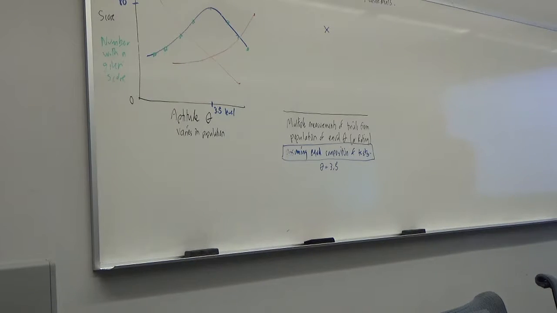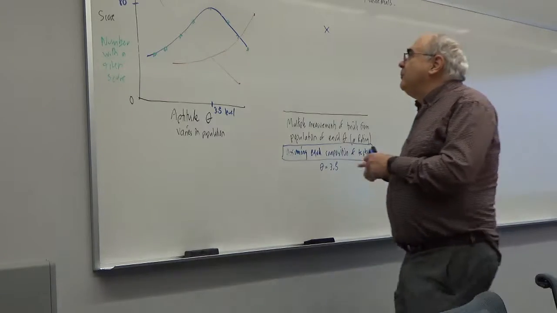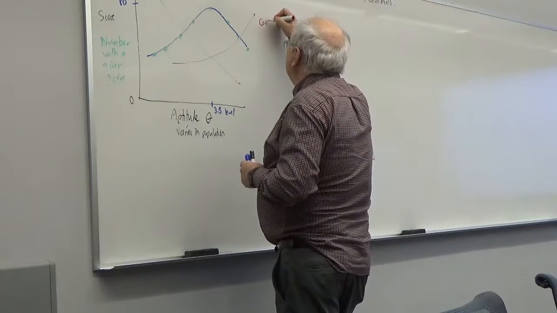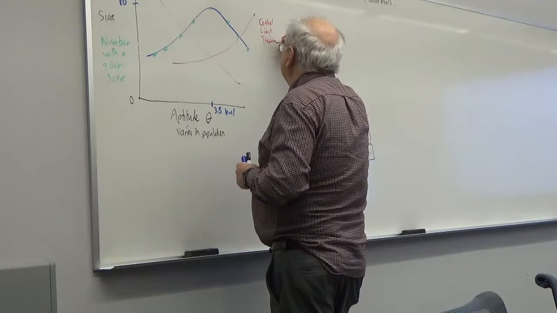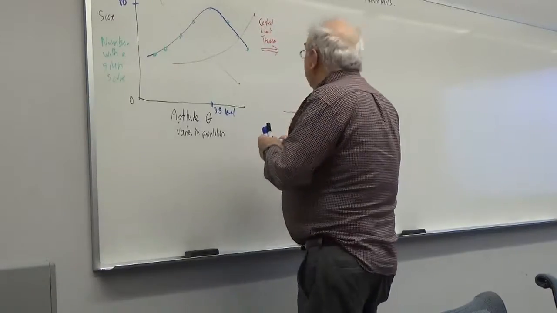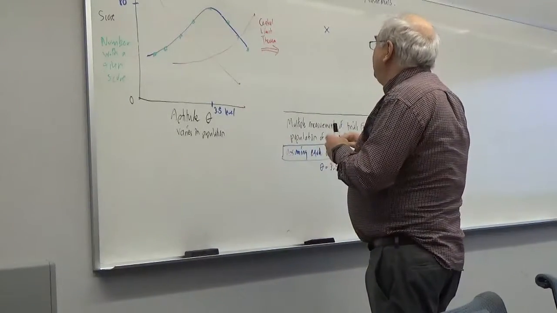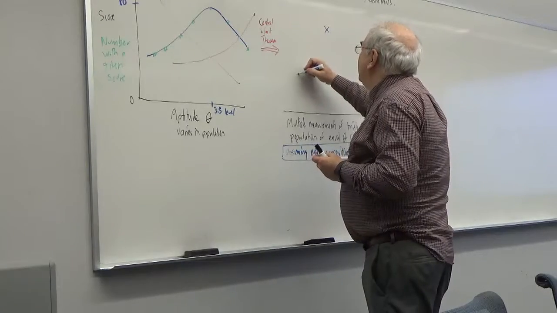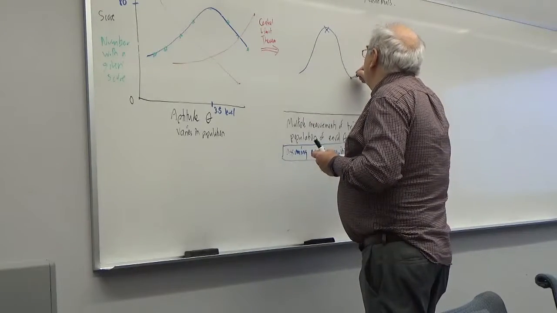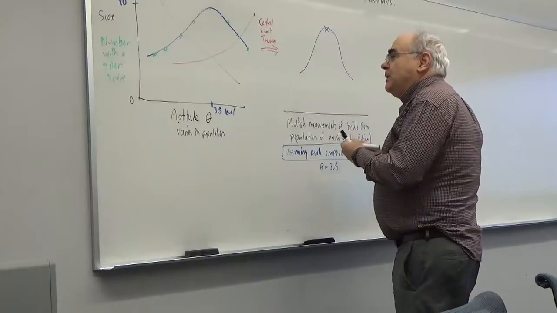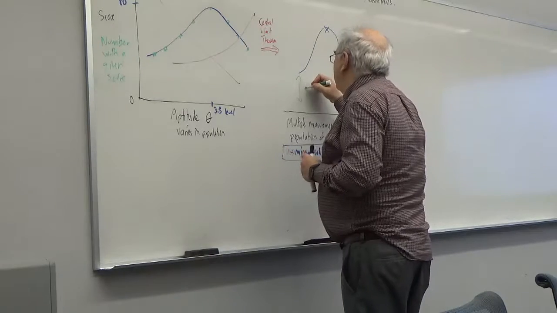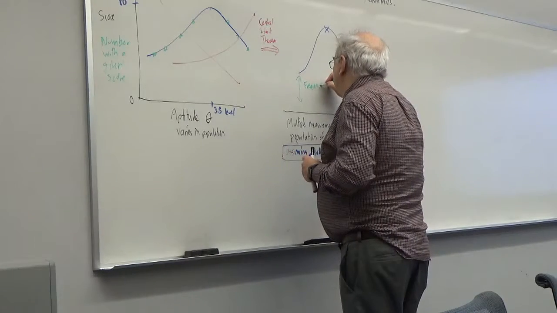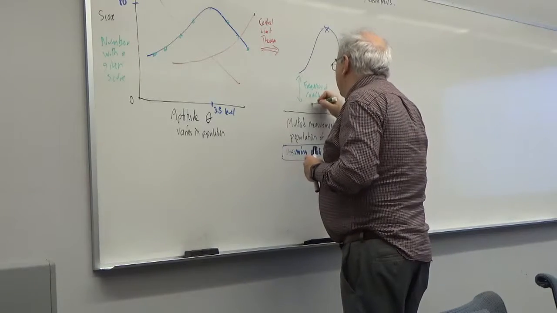Well, this is a situation where the central limit theorem applies. It implies that what you're going to get must be a bell curve. So this now is your probability. In green, instead of number with a given score, this is your probability or frequency of registering a given score.